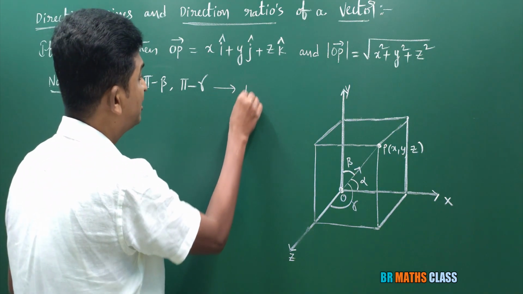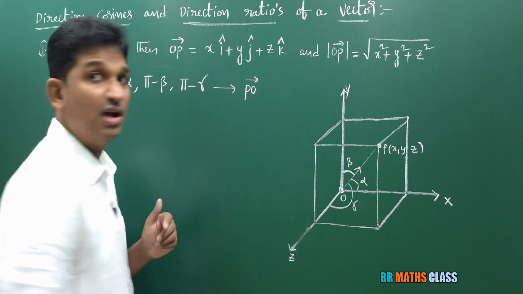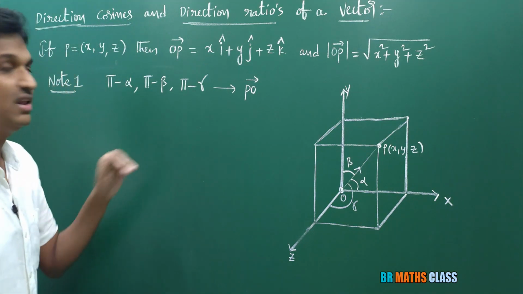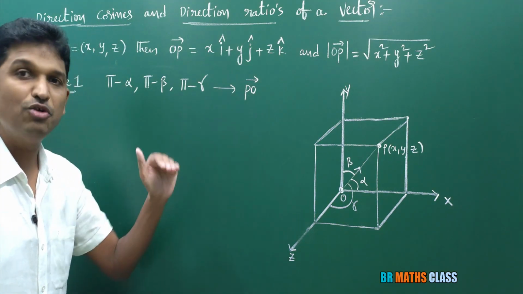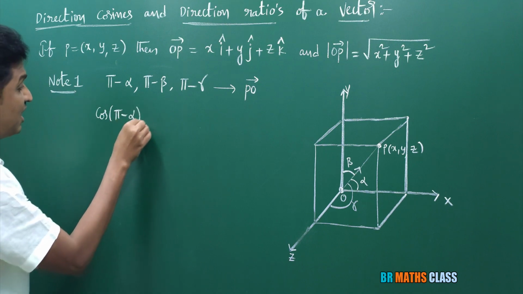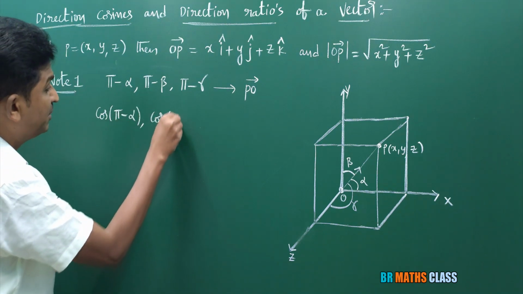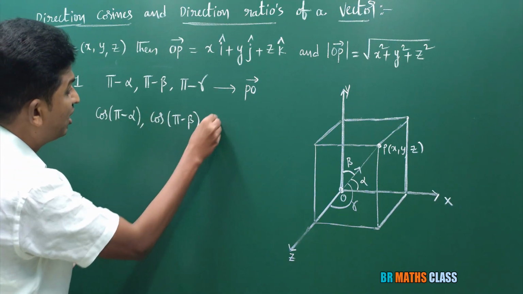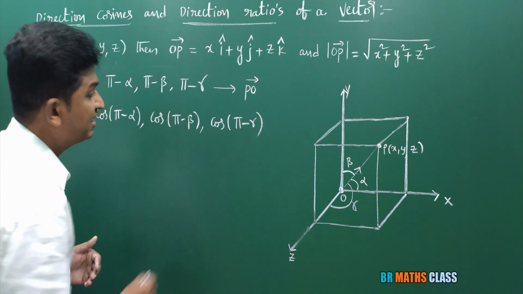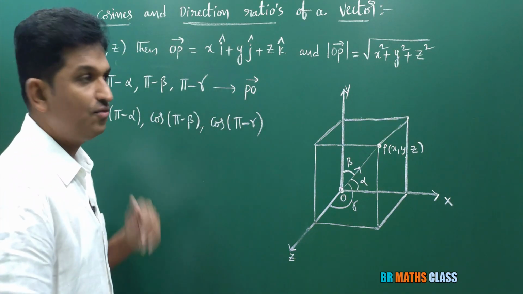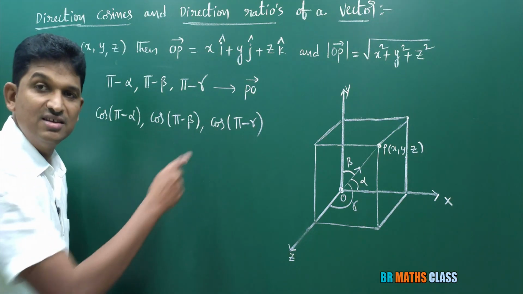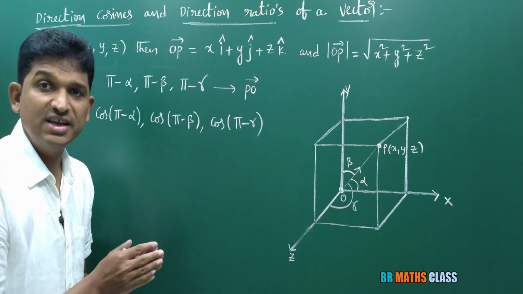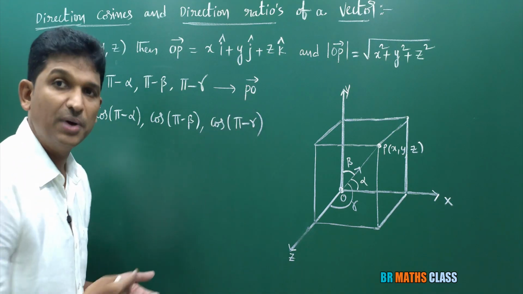These are the angles made by the vector PO bar, not OP bar. So, what are the direction cosines of PO bar? Cos pi minus alpha, cos pi minus beta, cos pi minus gamma are the direction cosines of PO bar.